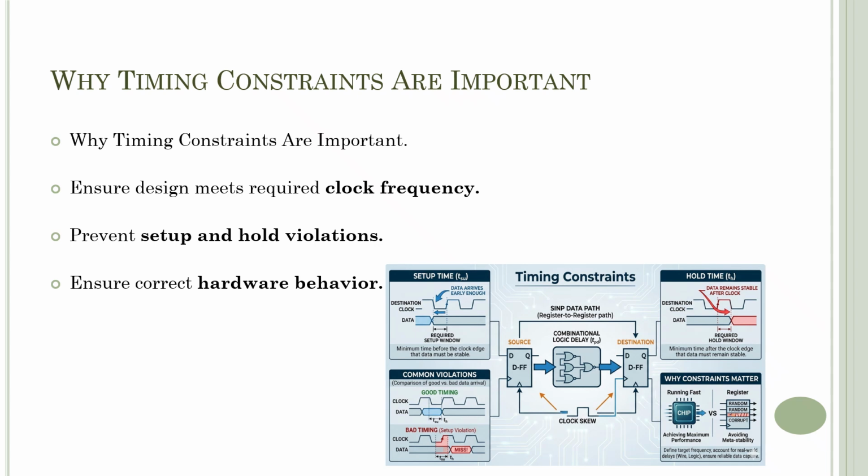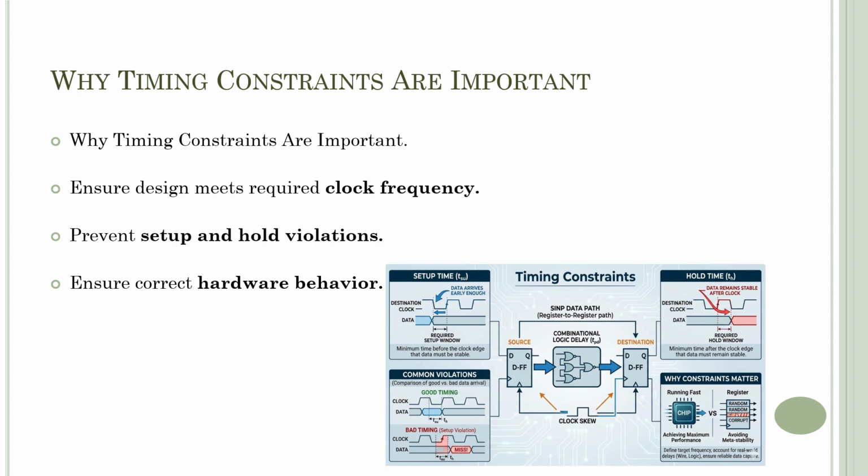It must also operate within specific timing limits. This is where timing constraints play a very important role. Timing constraints provide the synthesis and implementation tools with information about how fast the circuit should operate and how signals must propagate through the design.